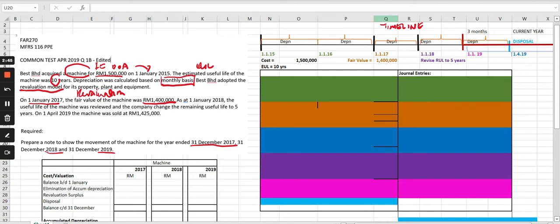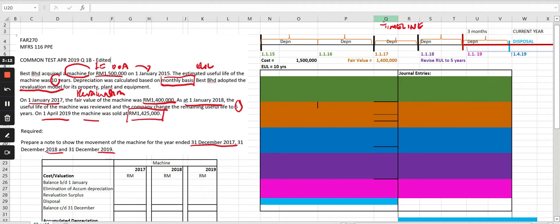And the remaining useful life is now down to 5 years. So by 1st of January 2018, the machine has reduced in terms of its remaining useful life to 5 years. And you will later be informed that on 1st of April, the same machine was sold or disposed, and this is the disposal proceed, 1425.